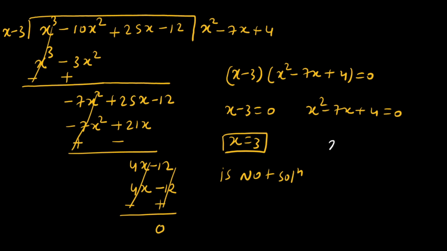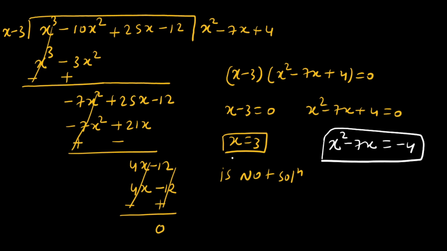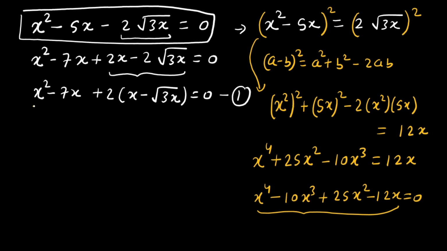Then x squared minus 7x equals minus 4. The value of x squared minus 7x equals minus 4. Here this value is replaced by minus 4 plus 2x minus square root of 3 times x, and this equals 0.